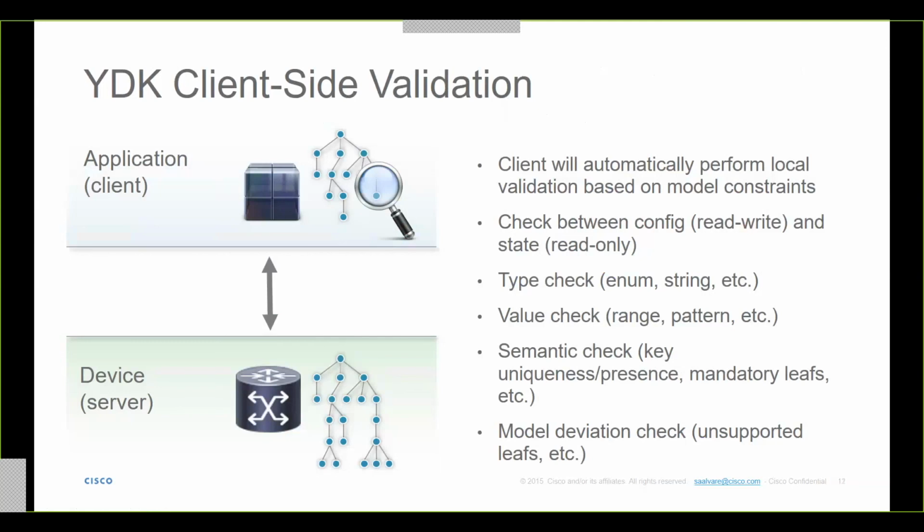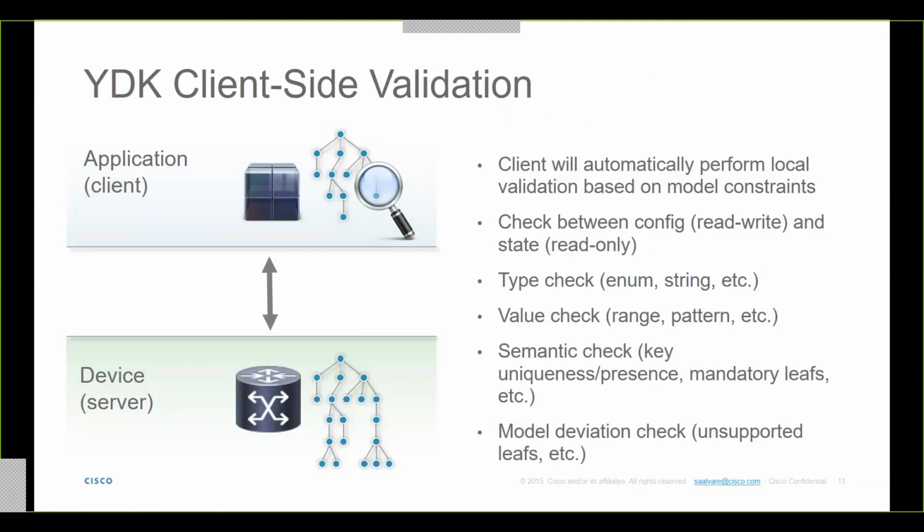Your script will also automatically do checks for deviations. Remember that I specified before, deviation is a mechanism for the device to declare that there are some pieces of the model that it cannot support, okay? Because maybe it's a platform-specific limitation, right? That particular platform cannot support a particular part of the model.